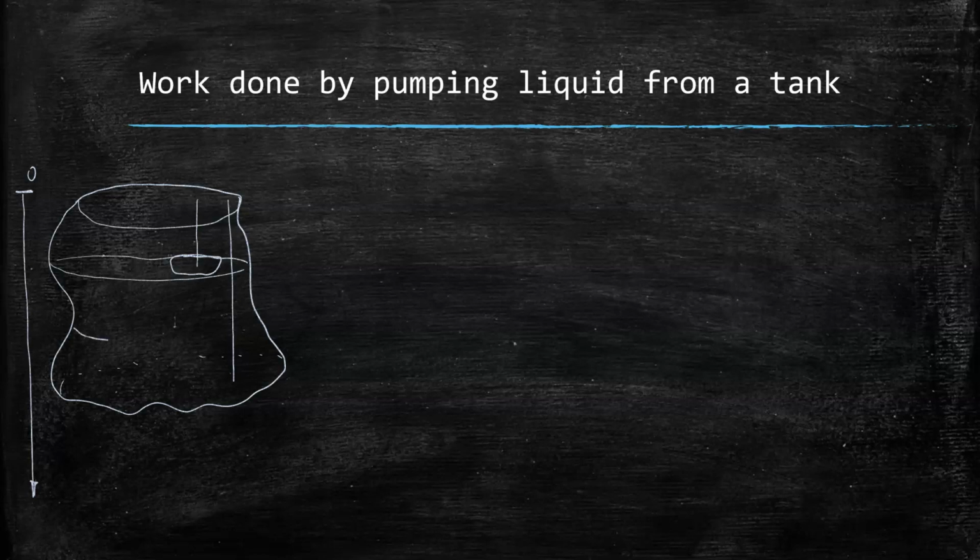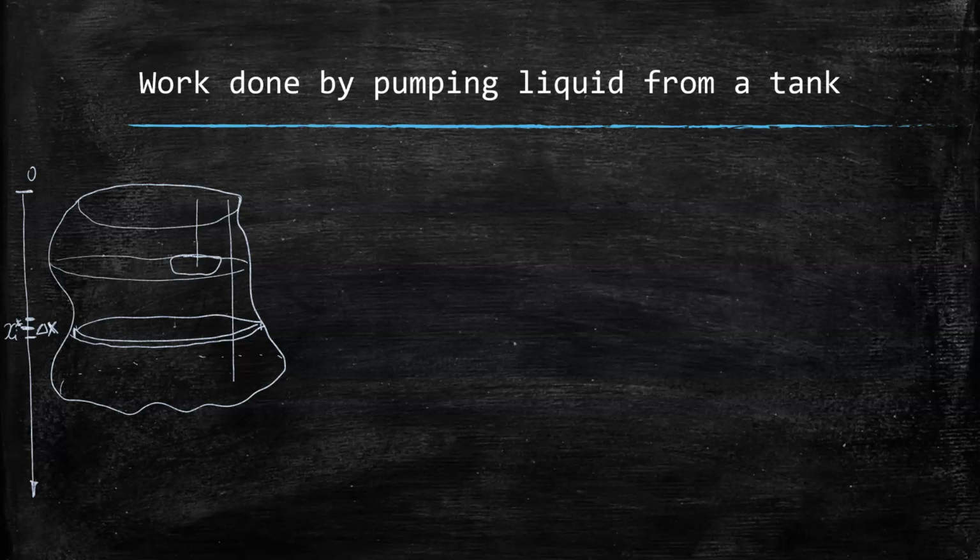So let's say we already pumped this part, and we are at some x_i star level, and the layer that we are considering is delta x tall. Let's pump this layer out of the tank. How much work will it require?